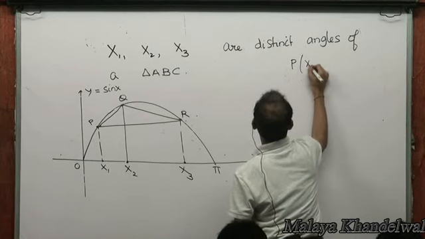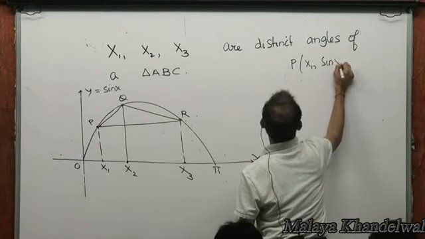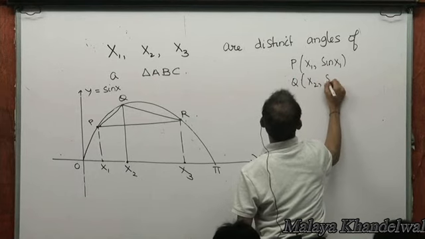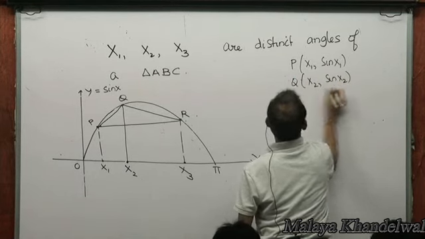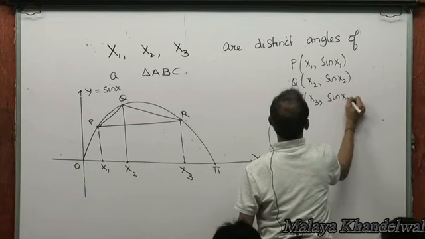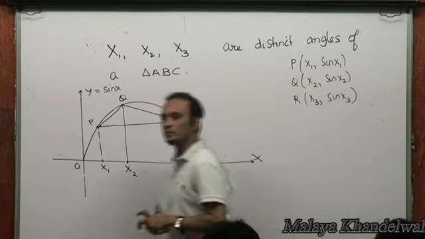P is x1 comma sin x1. Q is x2 comma sin x2. R is x3 comma sin x3. Right? These are PQR.